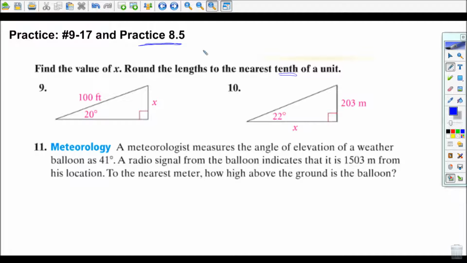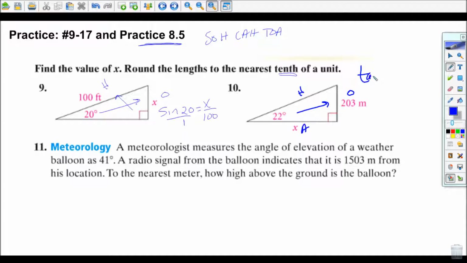So we need to figure out if we're going to use sine, cosine, or tangent. So we have opposite and hypotenuse. We're going to have sine of your angle equals opposite over hypotenuse. And nothing's different from what we've been doing: cross multiply and then solve for your x. For this one we have opposite and adjacent.